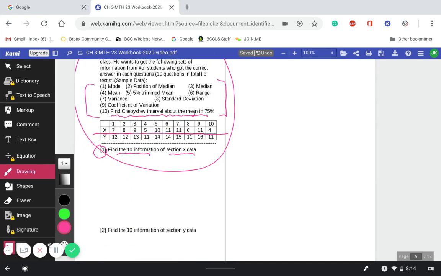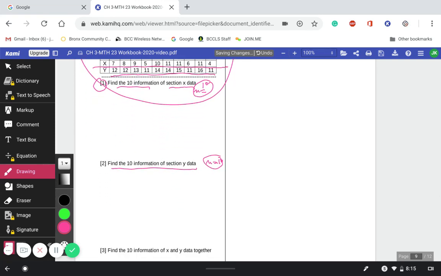And number 2 is find the 10 information, answer those 10 questions with the now Y data. So X data has 10, so N should be 10 here. And Y data has another different 10. So it's just like practice.